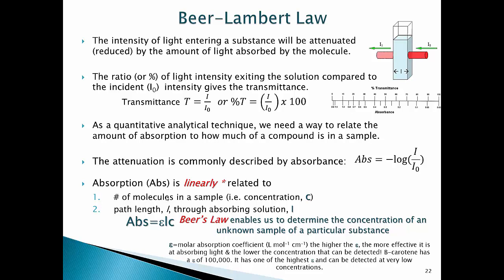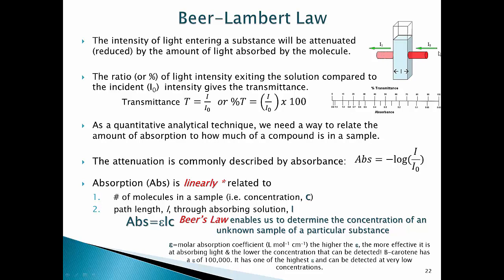It's really good. Okay, so Beer-Lambert's law, so we've talked about this, we've used it in our prac write-ups. So it's the intensity of the light entering a substance will be attenuated or reduced by the amount of light absorbed by the molecule. Okay, so our I0, our I initial, and our I final.